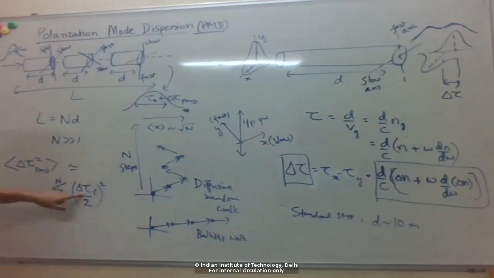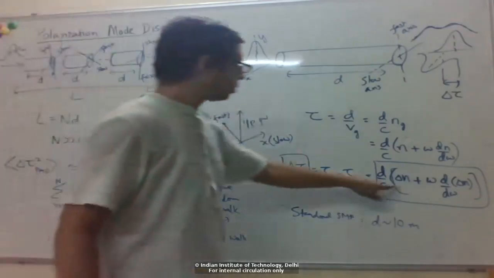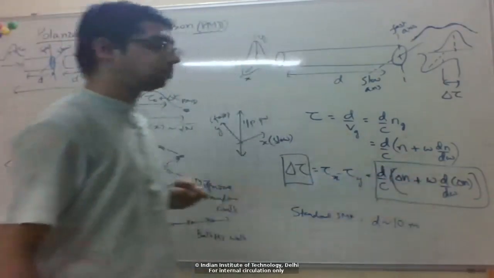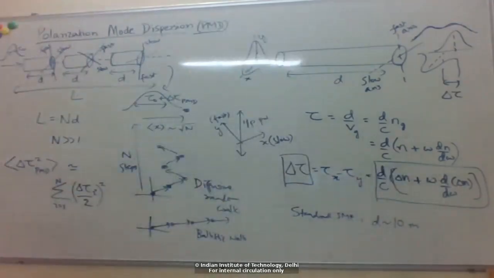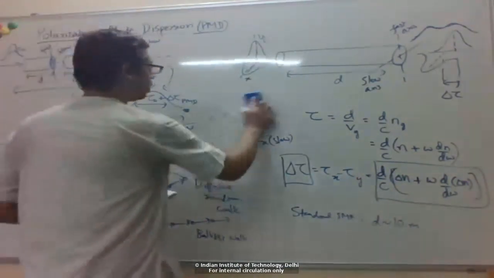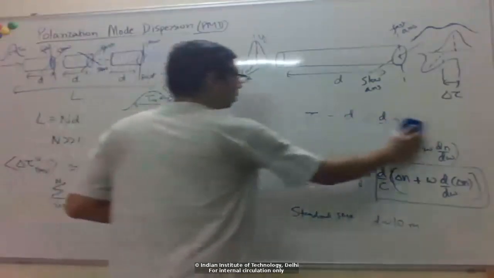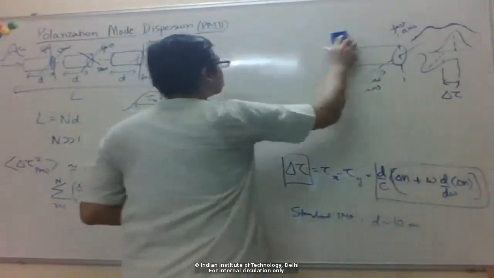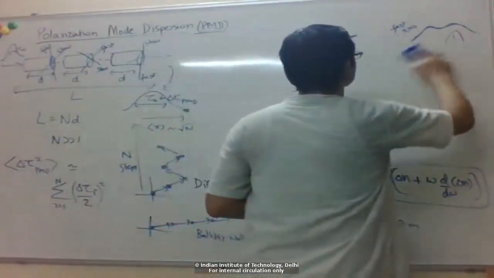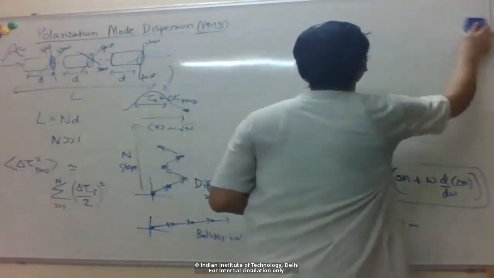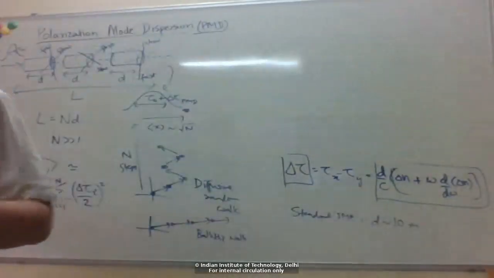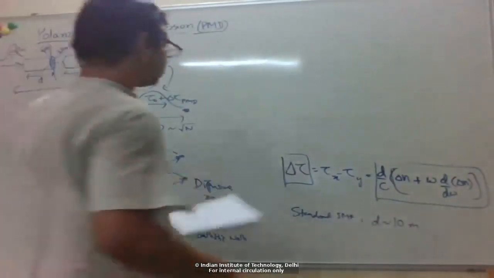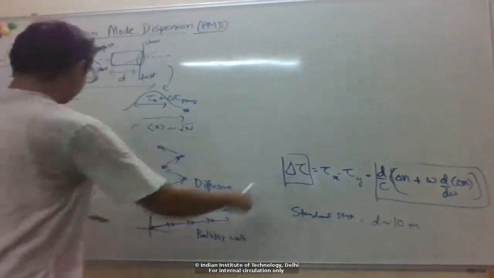And so we have the expression for this delta tau for each segment from here. So you just plug that expression for delta tau for each segment here.